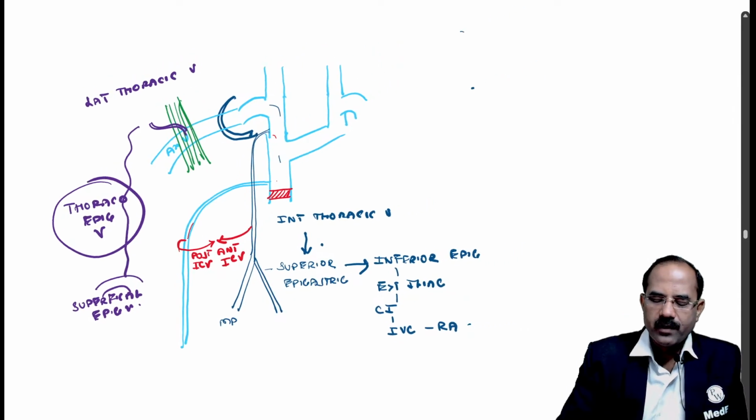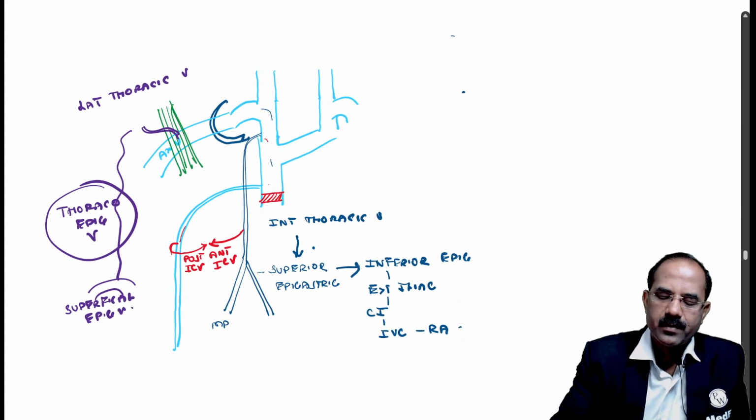So how does the blood flow if there's an obstruction to the SVC? I'll just write this down for you. Look at this.